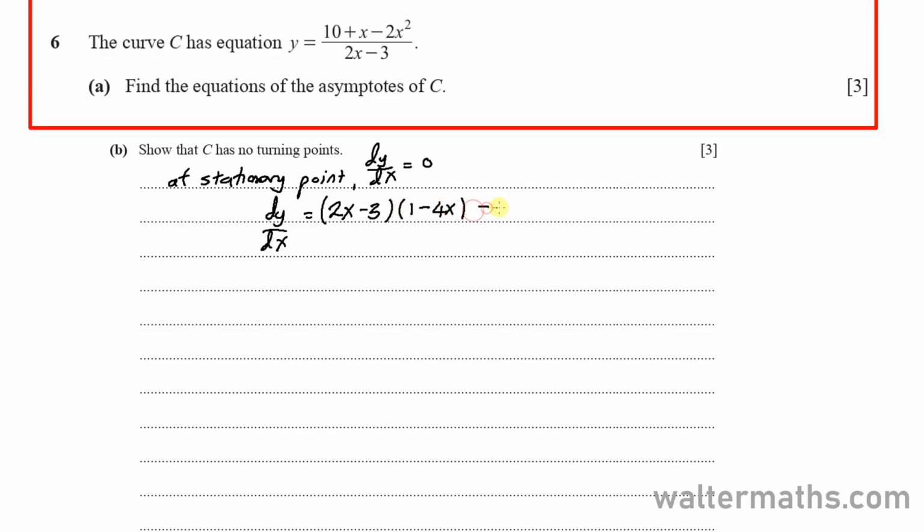And it's minus the numerator, which is 10 plus x minus 2x squared, multiplying the derivative of the denominator, which is 2. And that's all over the denominator squared, which is 2x minus 3 squared.